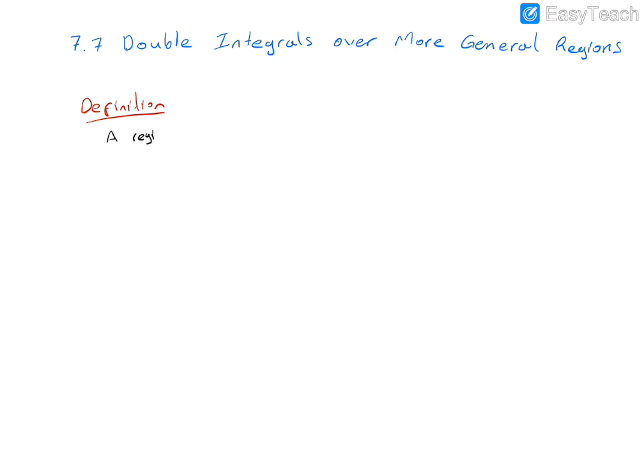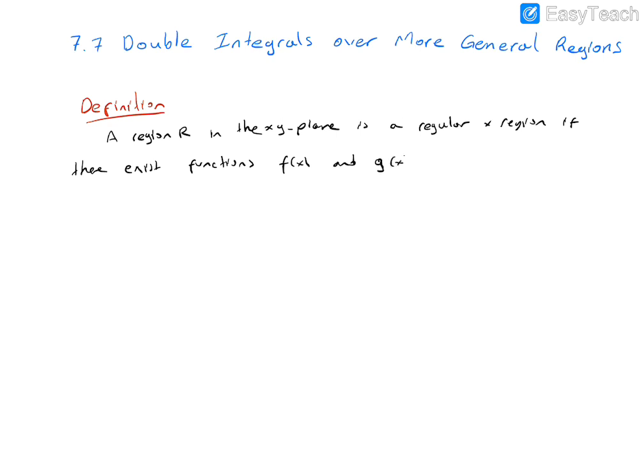Okay, a region R in the XY plane is a regular X region if there exist functions f of x and g of x and numbers a and b, such that we define the region as the following, which consists of the points x and y such that y is between g of x and f of x and x changes between a and b.